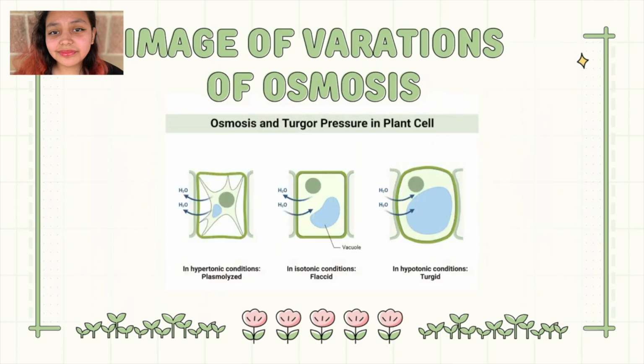So here we have a better image representing the three different variations of osmosis. Remember, in hypertonic, the water is going to go out due to the higher solute being outside and the lower solute being inside. In an isotonic, as you can see, the water is going inside and outside. That's because it is balanced. Remember that.